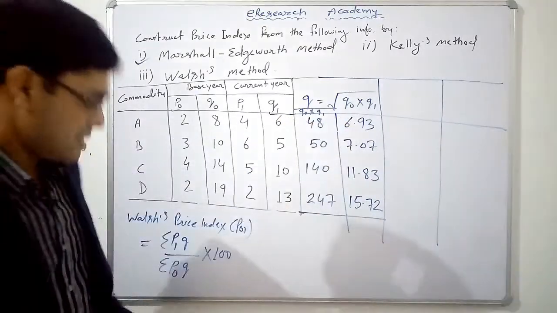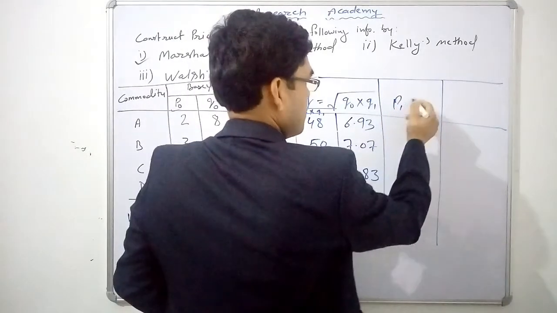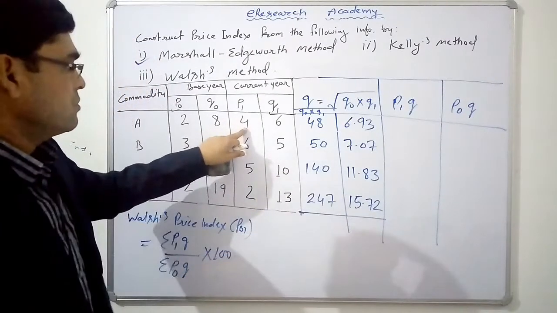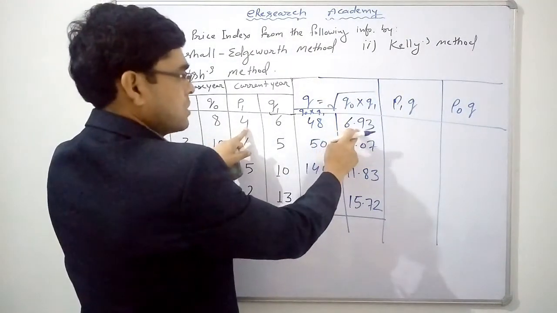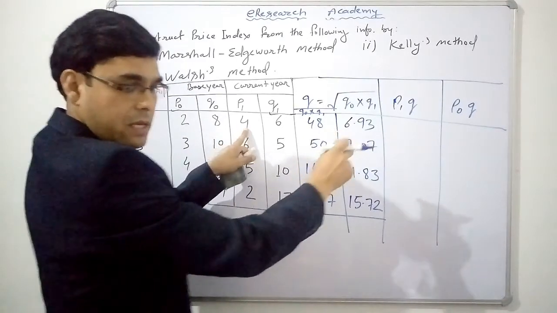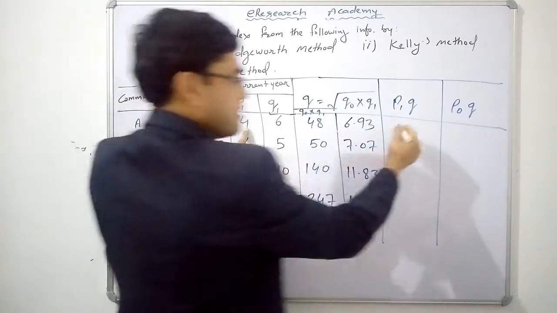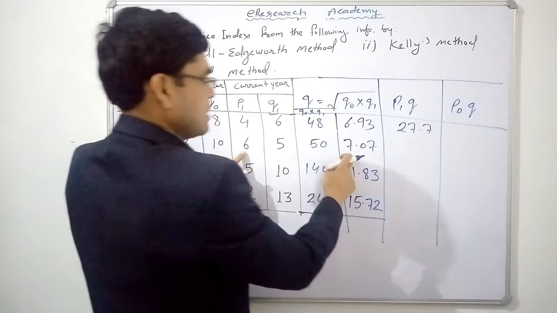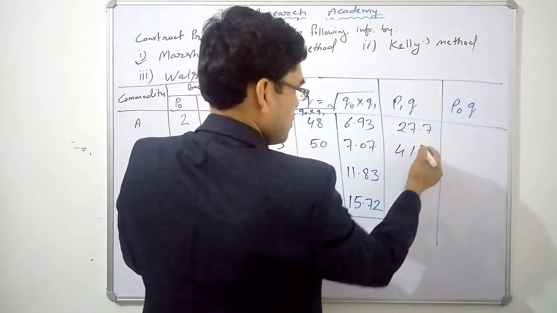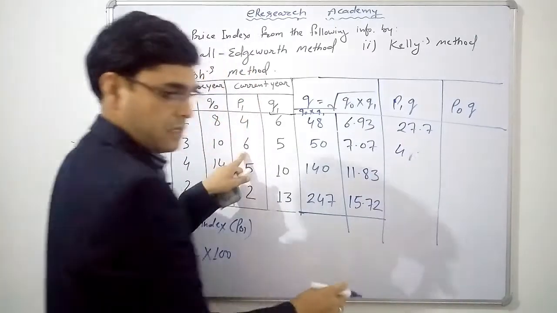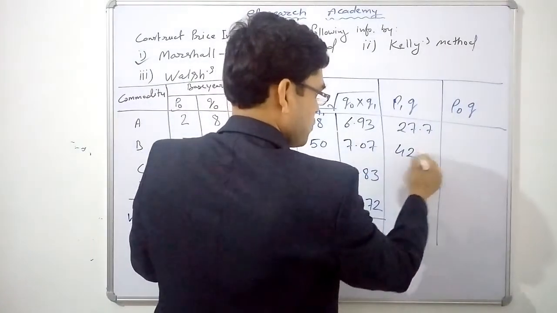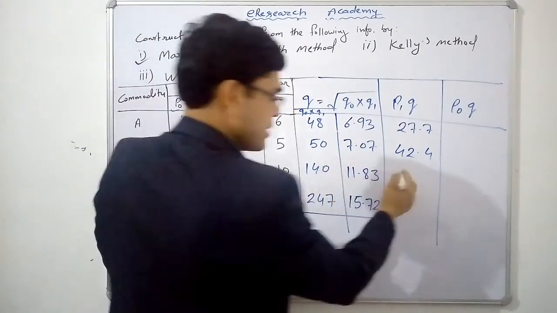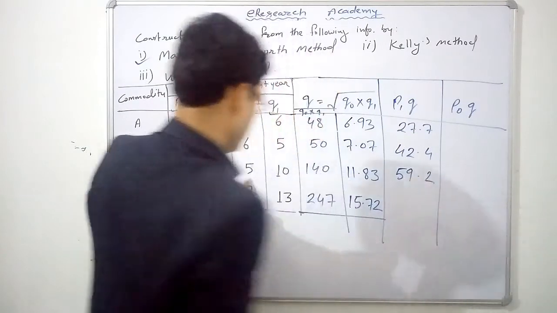Okay, this column, right? Now P1Q, P0Q. So P1, this is 4 into this Q, so we will get 27.7. Next 6 into 7.07, that is 42.4. 5 into 11.83, it gives us 59.2.